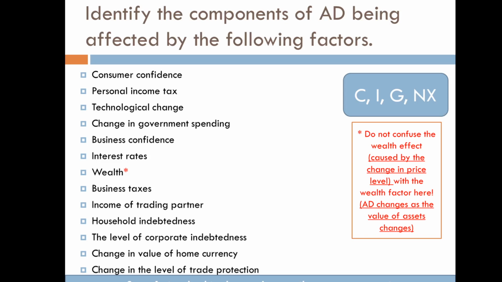But you are correct. At the end, as long as one of the AD components got affected, then the AD will be shifted. You will still get the same answer when you are trying to identify if the curve will be shifted to the right or left. Okay. Thank you.